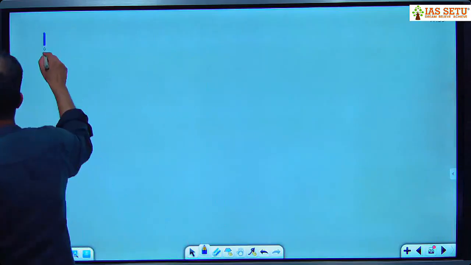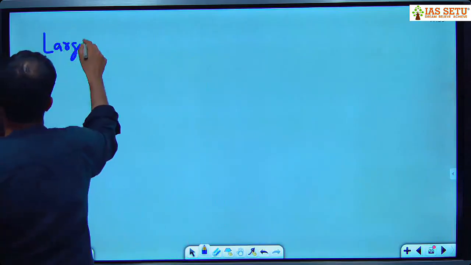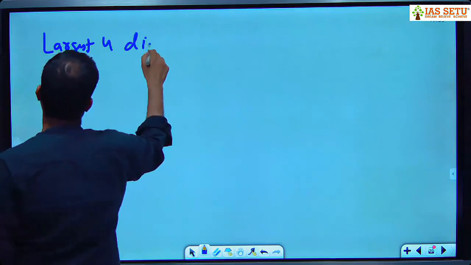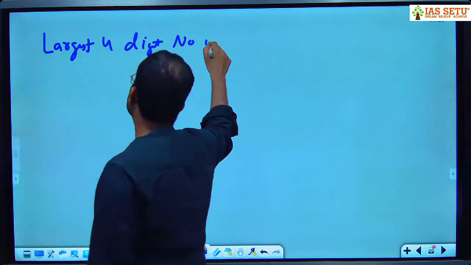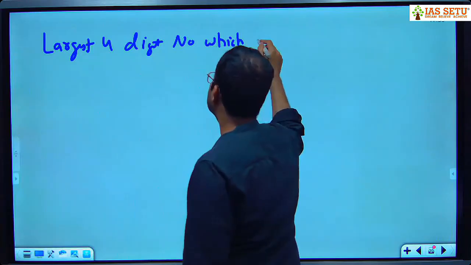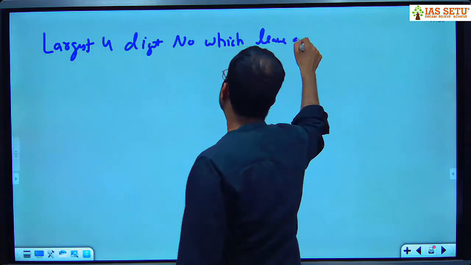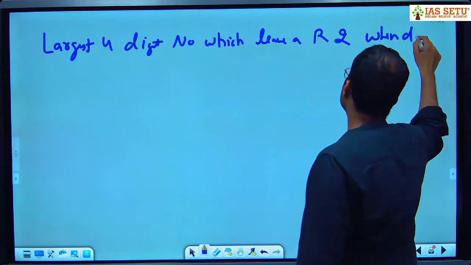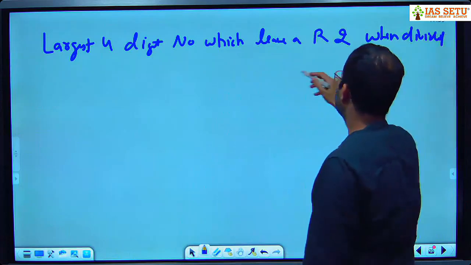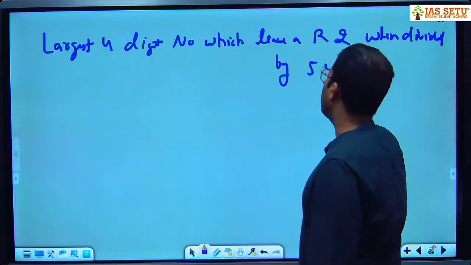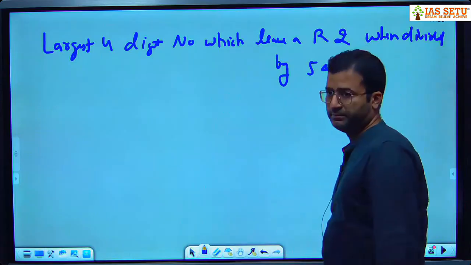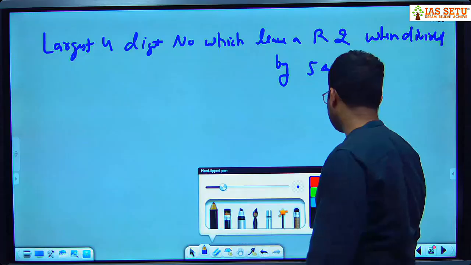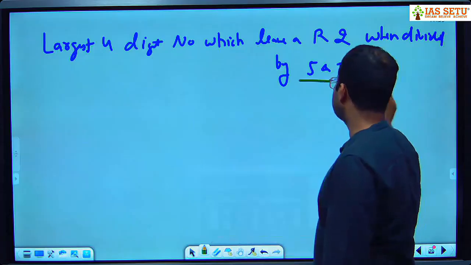Question here is: largest 4-digit number which leaves a remainder 2 when divided by 5 and 7. Step number 1, divided by 5 and 7 means LCM 35.